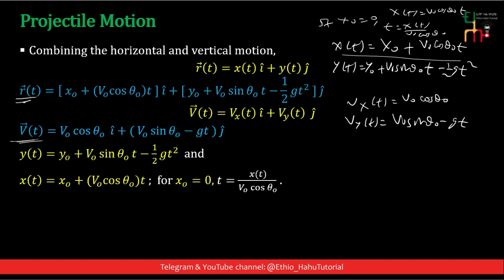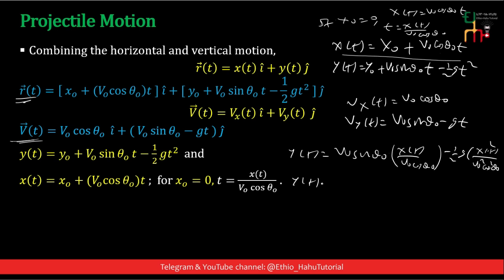Substituting this value into y of t, which is v naught sin theta naught times t minus half g t square, for t substitute x of t over v naught cos theta naught, and t square is x of t square divided by v naught square cos square theta naught.